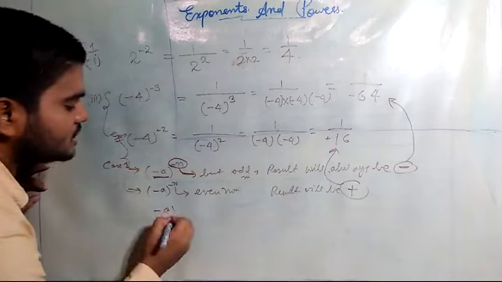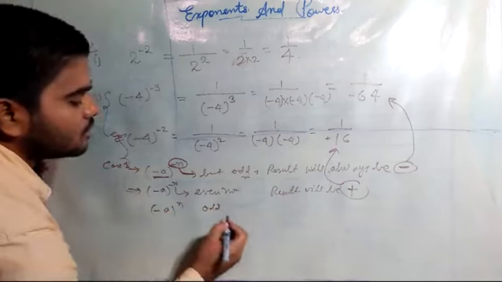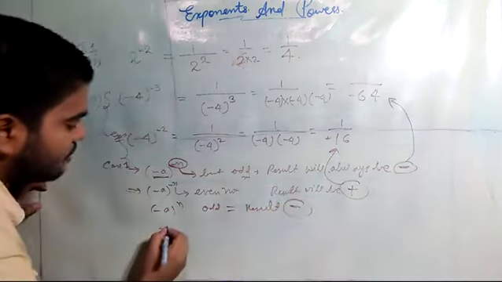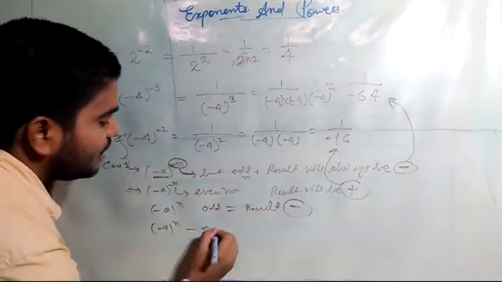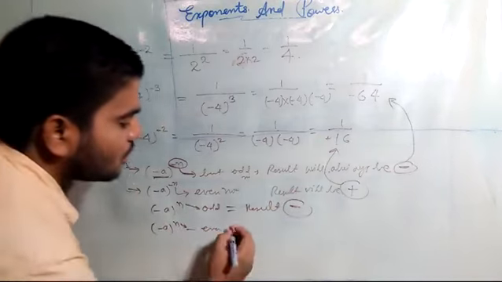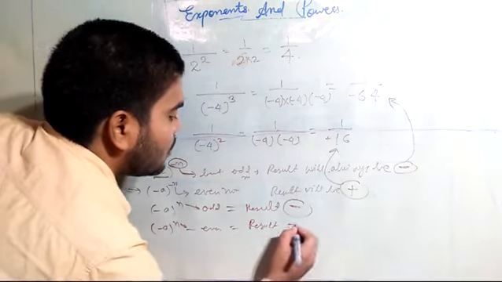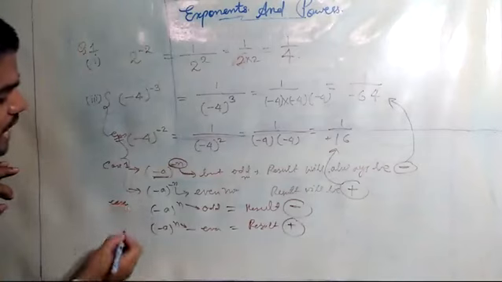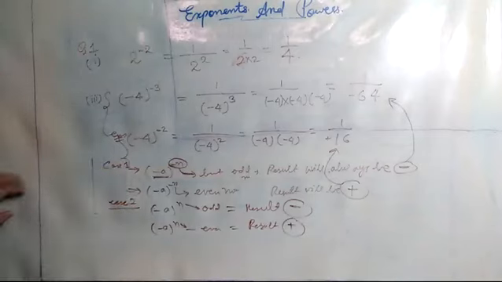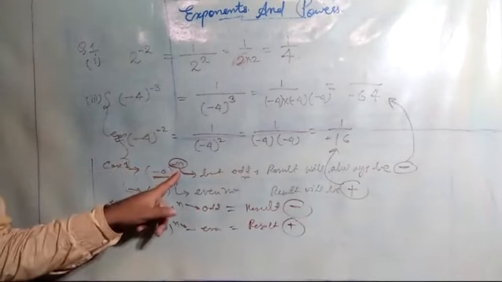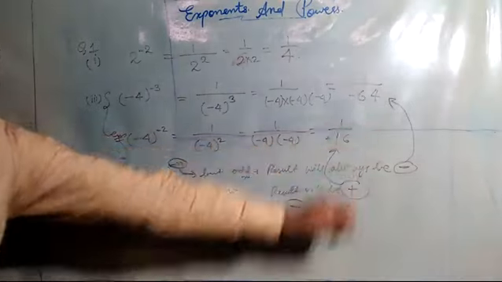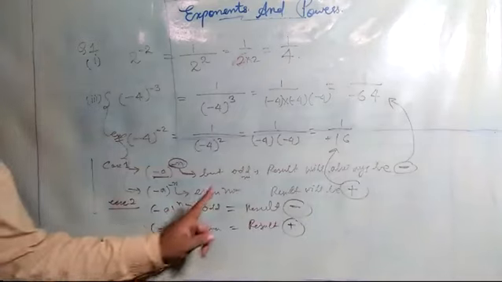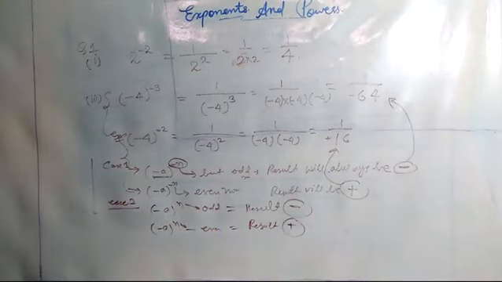Now if I say minus a raised to the power n, and it is odd, then the result is again negative. If n is even, then the result is positive. This is the meaning of odd powers and even powers in this case. So in case 1, when you have negative exponents here, the result will be negative and it will go in the denominator. When you have negative or positive exponents with odd values, you get negative answers.